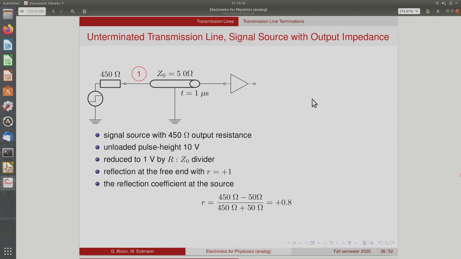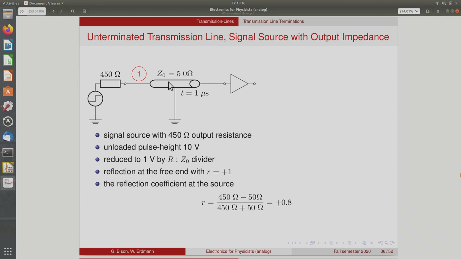So this is like driving a voltage divider of 450 to 50, and so what you see here is in the end only 50 ohm divided by 500 ohms, so it's 1/10 of the incoming voltage. So here you have a pulse of only 1 volt.